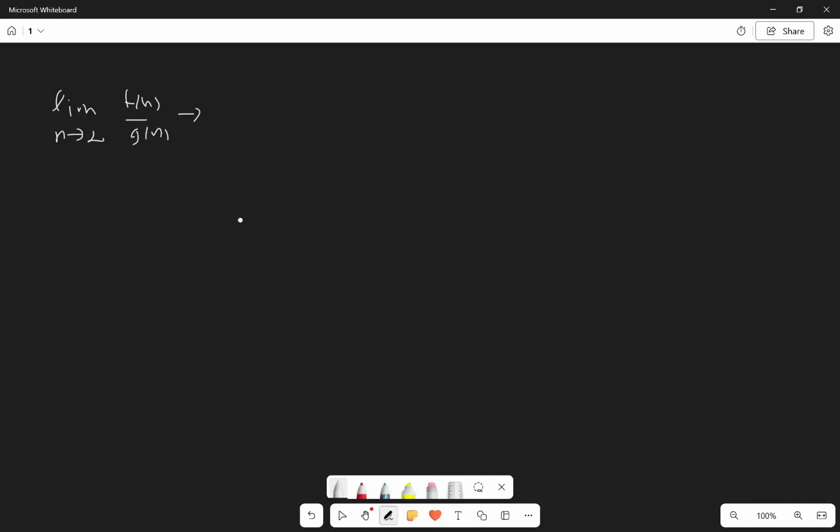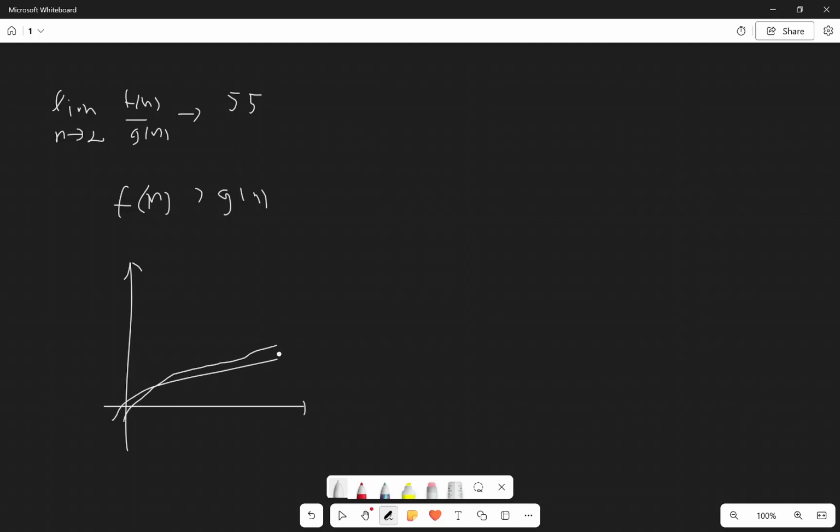If it simplifies into a value like this, that means there isn't a huge difference. Somehow fn is bigger than gn, that's why we get 55. But if we draw the graph, the growth rate won't be much different. They will be growing at the same rate.